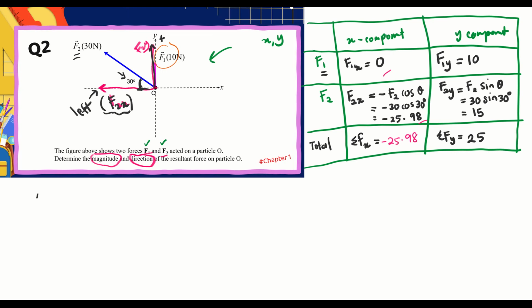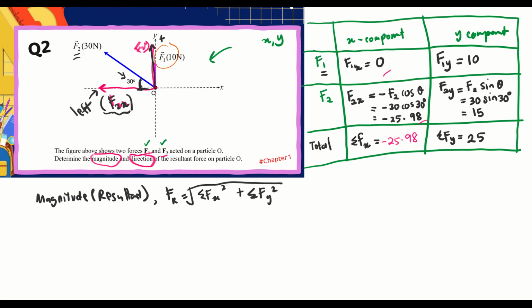To find the magnitude, class, magnitude means the resultant. We can either write down FR or R. It's up to you which one is suitable to be used. So FR is equal to the square root of summation of force in x-axis squared plus summation of force in y-axis squared.